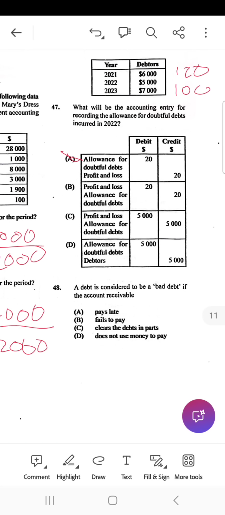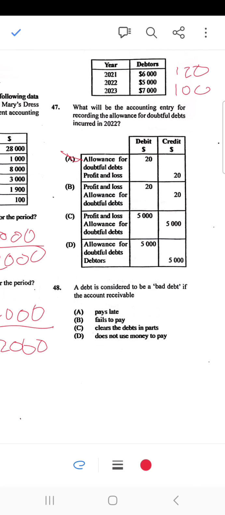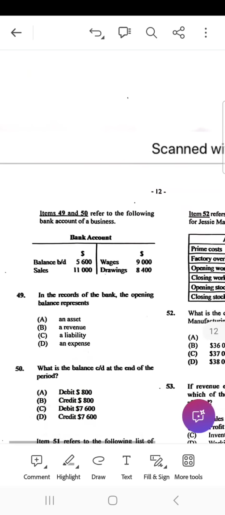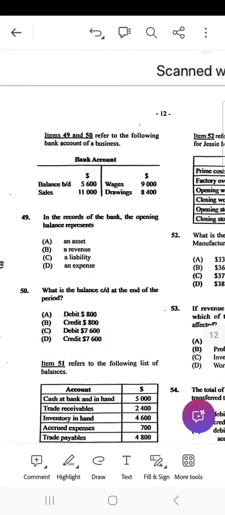48, a debt is considered a bad debt if the account receivable fails to pay. This comes kind of often. Number 49, in the records of the bank, the opening balance represents. Now the key part to this question is in the records of the bank.